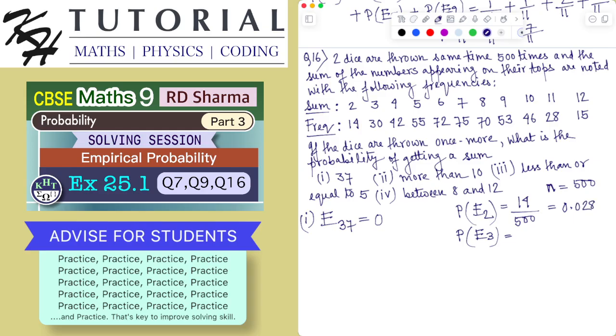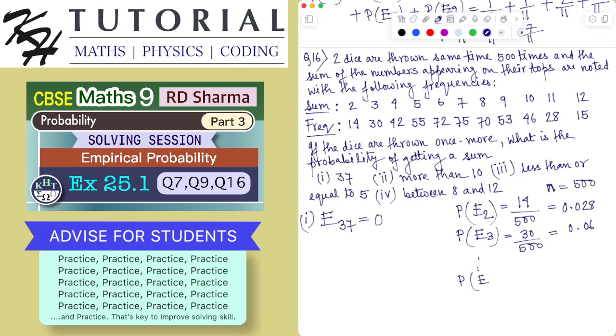0.028. Similarly, the probability of the event E3 will be 30 by 500, which is 0.06. This way we have to calculate. If it is needed, we must be able to calculate all these events.